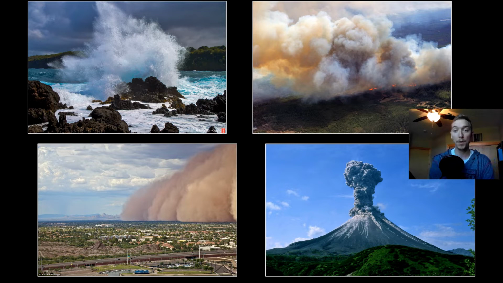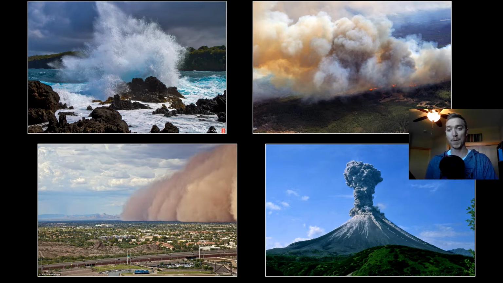From more terrestrial sources, sea spray and salt can serve as nuclei. Wildfires can kick off lots of particles into the atmosphere. In the bottom left, that's actually from the Phoenix metropolitan area. That's what we call a haboob, a dust storm. That can send a lot of particles into the atmosphere, volcanoes as well.